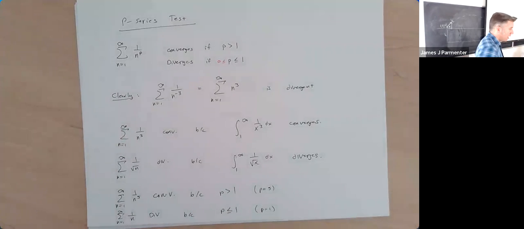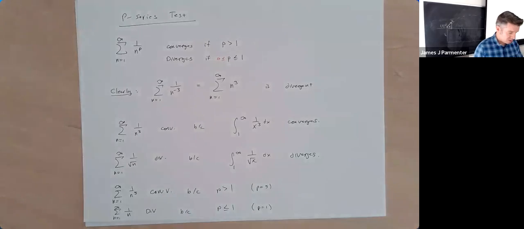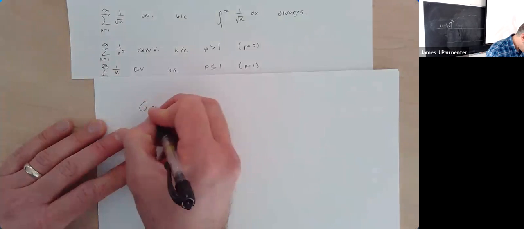Oh, I know what I want to say. Technically, when we're talking about p-series, it's supposed to start at n equals 1, and it's supposed to be 1 over n to the p. But really, you could start at any later value of n, and you could slap on any kind of constant above that if you wanted to. So I should say more generally, you can really say the following.